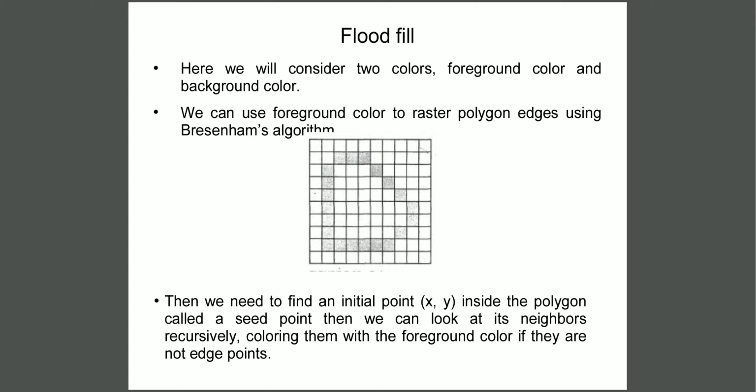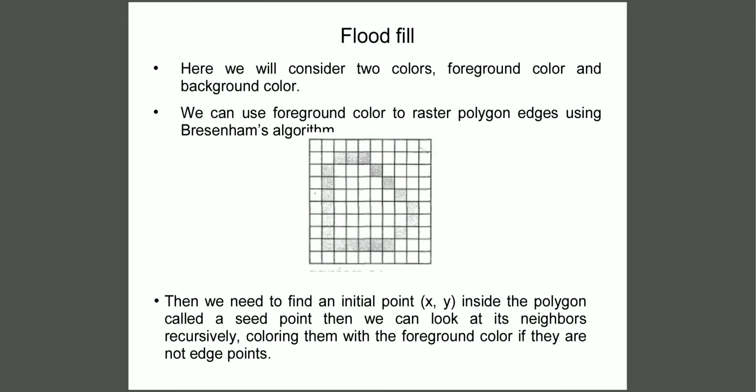For any pixel there will be four neighbor pixels: bottom pixel, top pixel, left pixel and right pixel. By considering each pixel in a recursive fashion, we'll check the color of each neighboring pixel again. If the color of a neighboring pixel is the background color, then we'll update it with the foreground color.